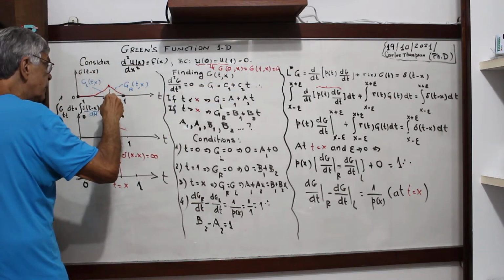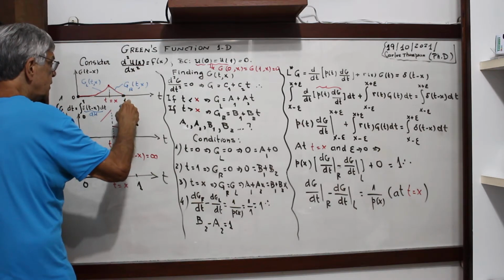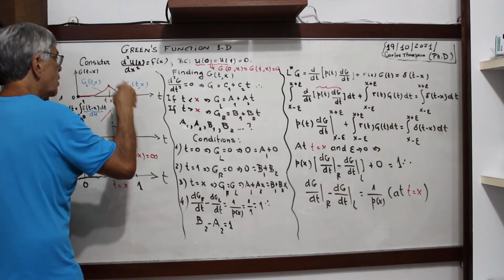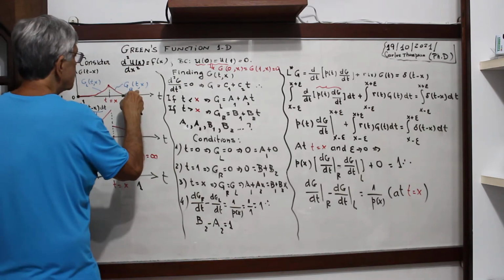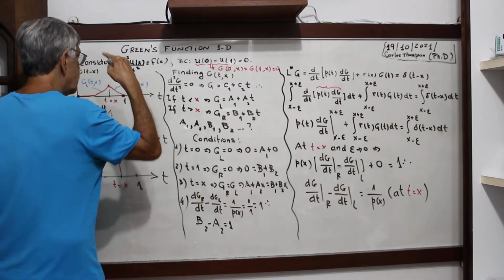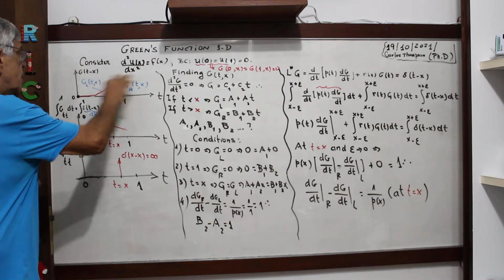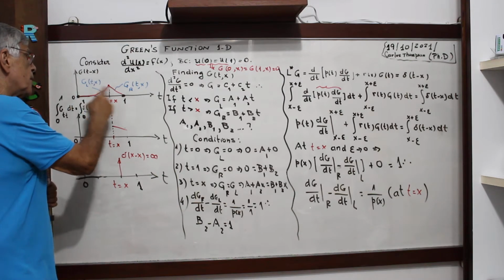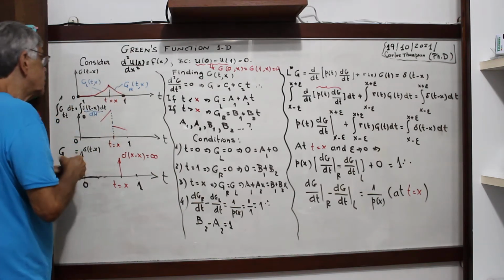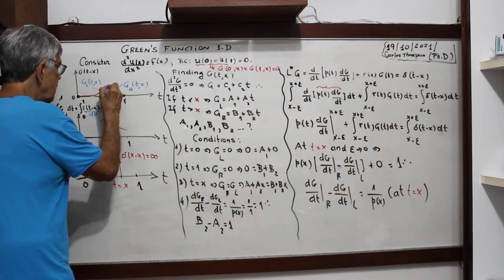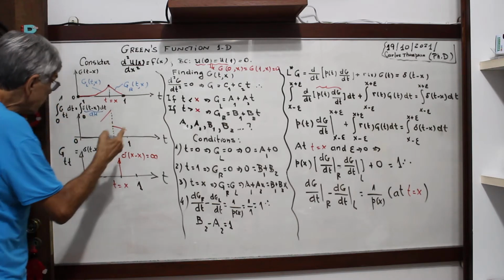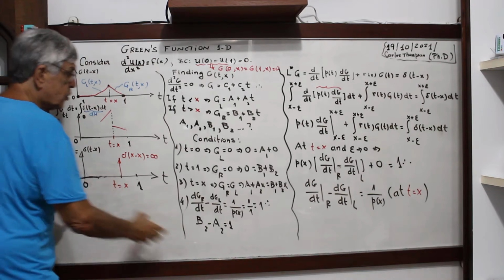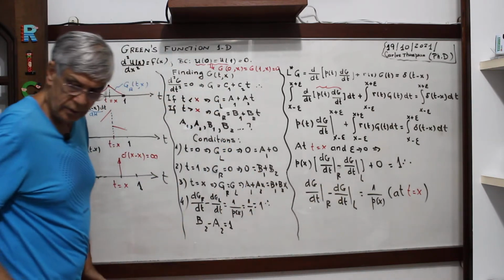When I apply the boundary condition at t equal 1, I must substitute here 1 on the G right. They are completely different, but G sub L and G sub R are continuous at this point for t equal x. But the derivative is discontinuous when t is equal x, which I showed right here.